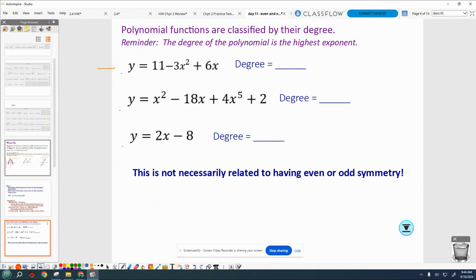In that guy, what's the highest exponent? What's the exponent? This is a coefficient. So I want the exponent. Aiden? 2. The highest exponent is 2. So this is second degree or degree 2.